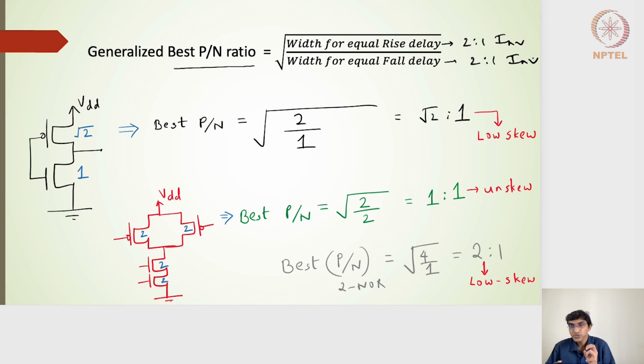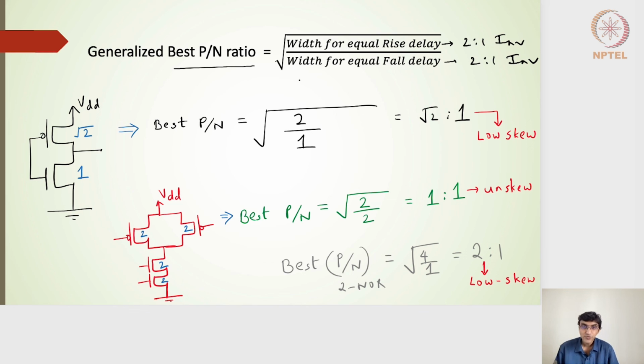I need to make sure that the falling resistance and then the rising resistance match with that of the 2:1 inverter. And if I can get that, the square root of the width of those particular inputs, where the inputs are connected to the PMOS and the inputs connected to the NMOS, that square root should give me the best P by N ratio.